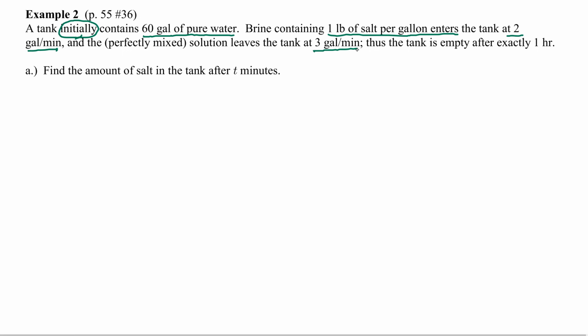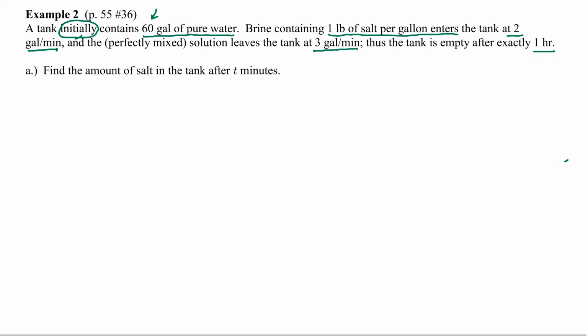Thus, the tank is empty after exactly 1 hour. So notice we have 2 gallons per minute coming in, 3 gallons per minute going out. So we're losing 1 gallon per minute. So after 60 minutes, the tank will be empty because we started out with 60 gallons.